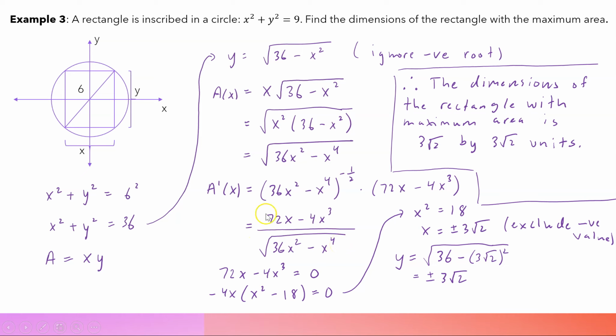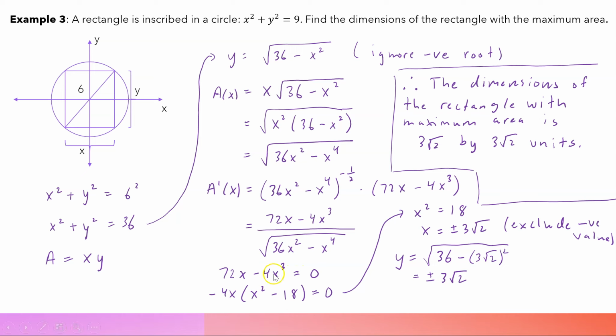Just like with all optimization questions, once you have the derivative, you set it equal to 0 in order to find critical values, to find where the tangent is horizontal to the curve. When setting the derivative equal to 0, I'm just setting the numerator equal to 0, because I first have to multiply both sides by the denominator, so the denominator just ends up becoming 0 because it gets multiplied by 0.